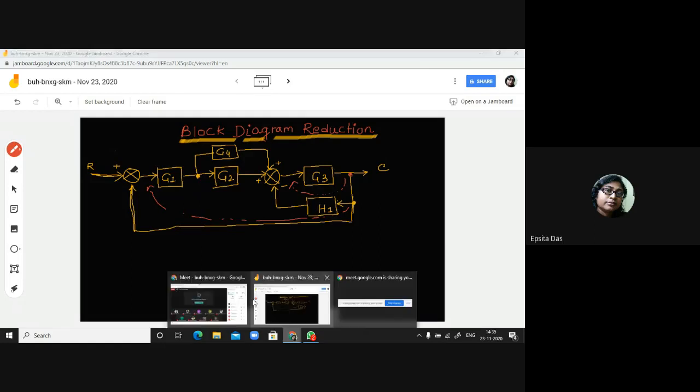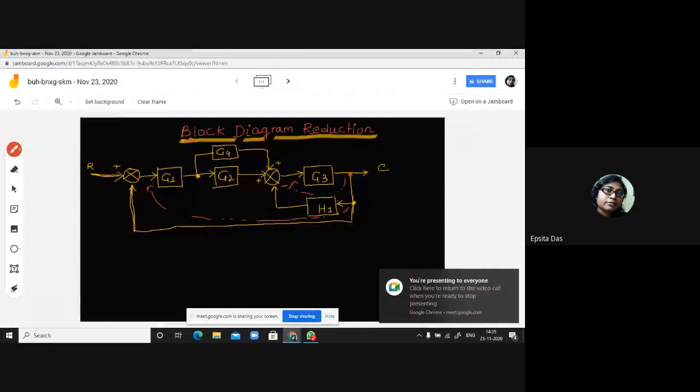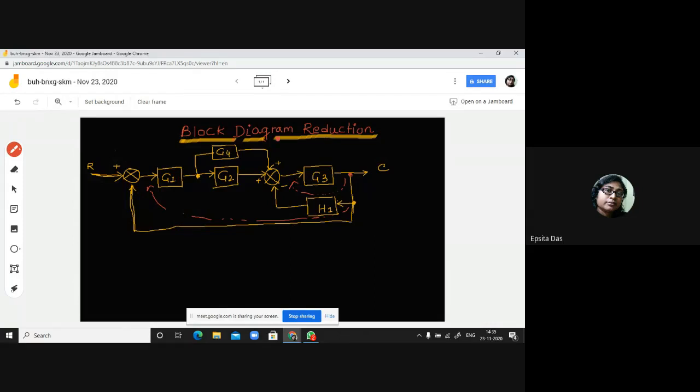Okay. So let's start with this one. Block diagram reduction means we have to reduce the whole block into a single part. What is the single part?